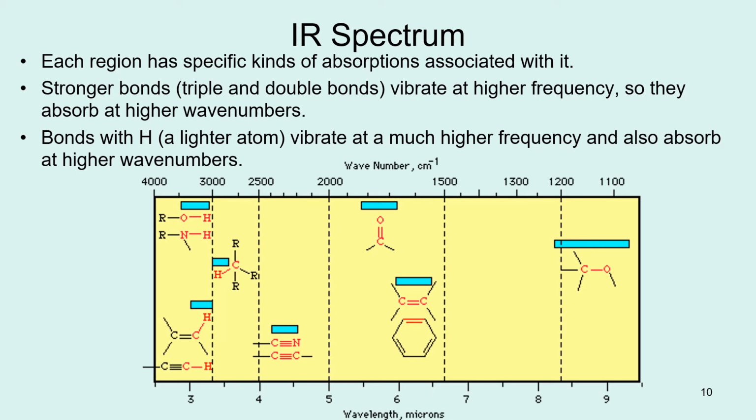And so this C-H double bond will be a little bit lower, a C-H triple bond will be a little bit higher. Then we have our single C-H bonds. And then over here, our C triple bonds are in this region around 2200, and our double bonds are in this region, and then our single bonds are down here.